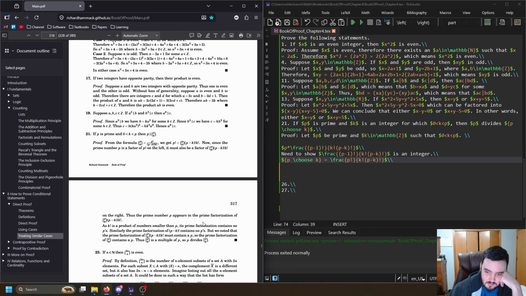Oh, no. Wait, this is now K factorial, a product of numbers smaller than P. I see. You're looking at the prime factorization. All of its primes in the prime factorization have to be less than P.